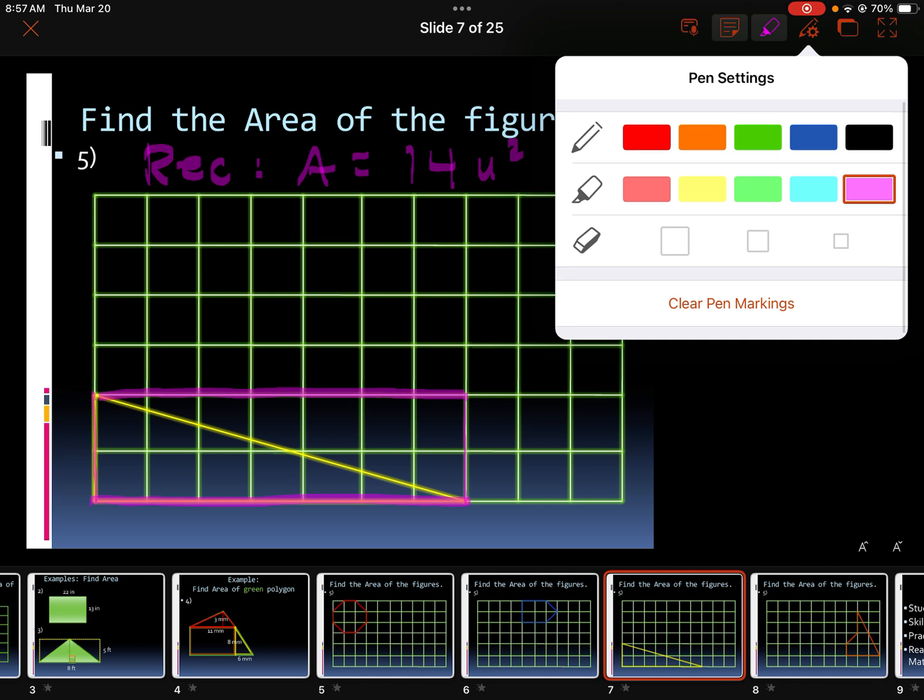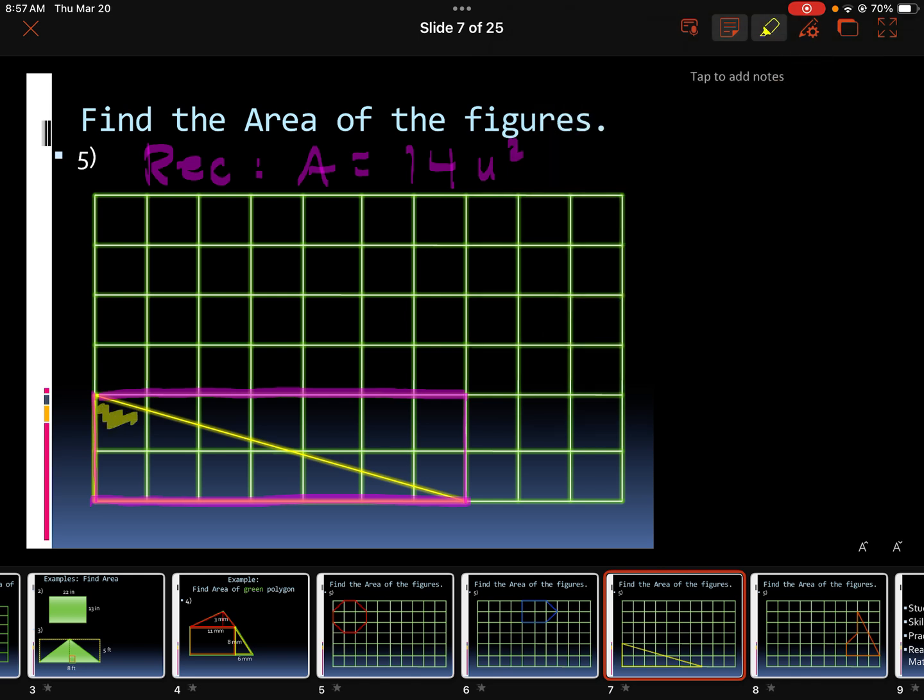What portion of that rectangle does the triangle take up? Okay, it's going to take up exactly half. So your triangle is going to have an area of 7 square units. That's the way you want to approach those. If you see a triangle that you can't count full blocks and half blocks, block it into a rectangle. Find the area of that and then take half of it.